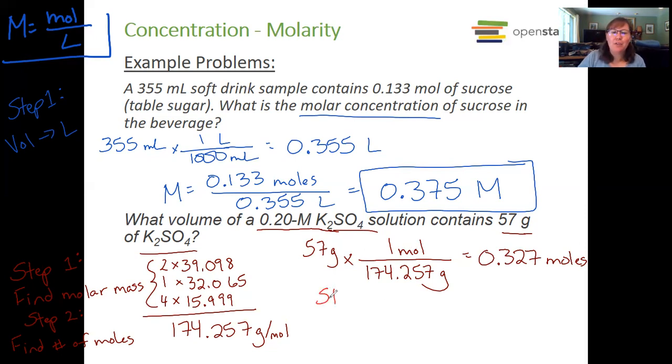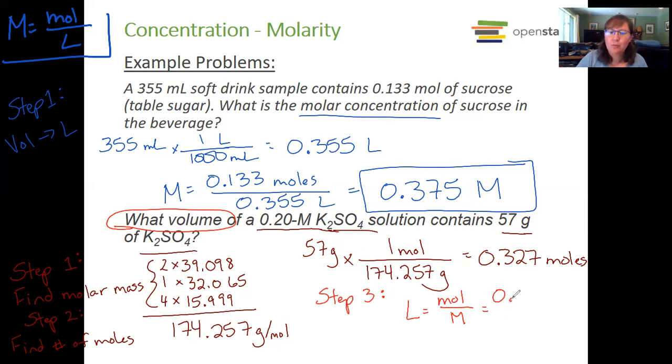Okay, now we're up to our step three. Now our step three for this is going to be to find our volume. See how it says what volume? So if molarity equals moles divided by liters, the way we would turn that around is that liters equal moles divided by molarity.